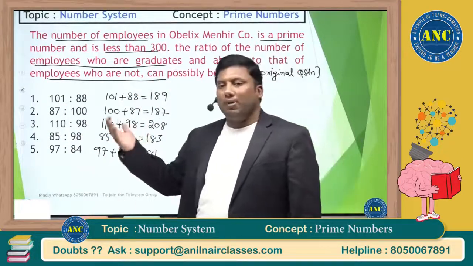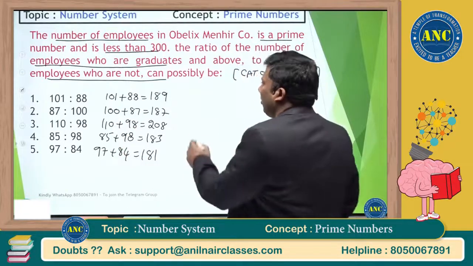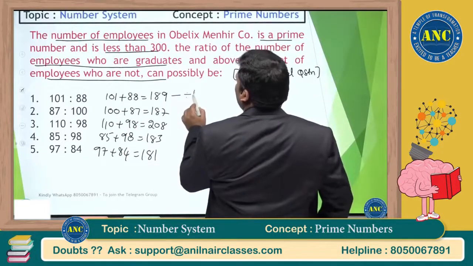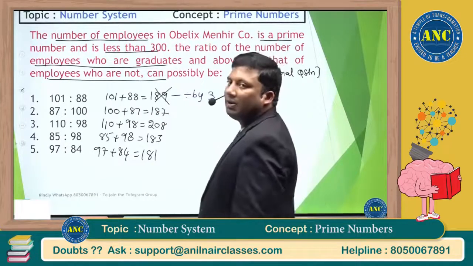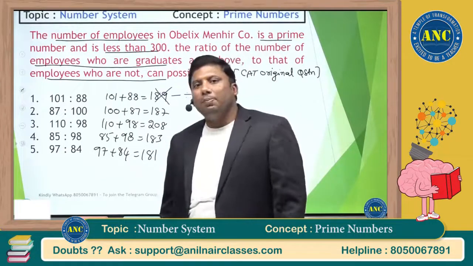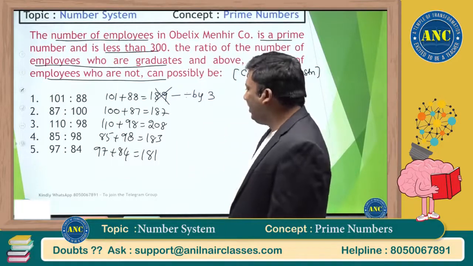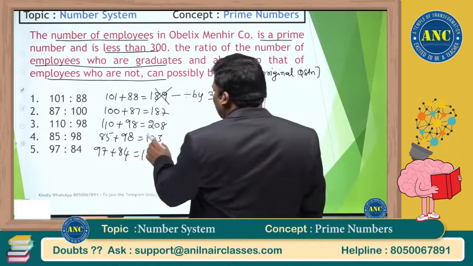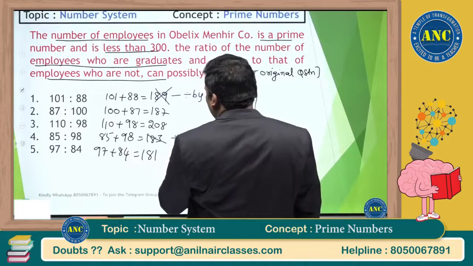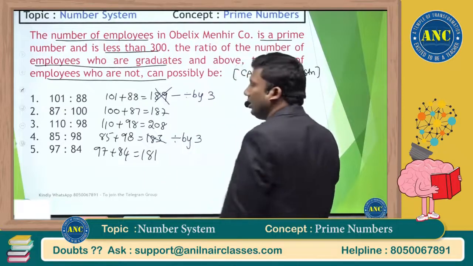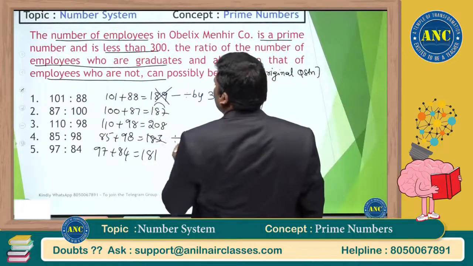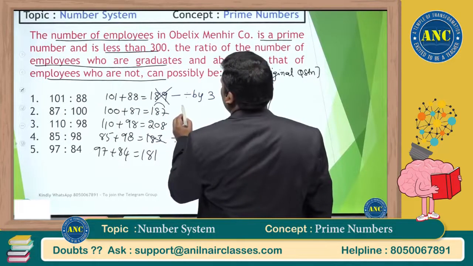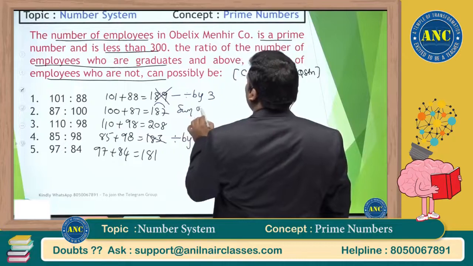The numbers could be the multiples of the given values. 189 is divisible by 3. Definitely it is a composite number. 9 plus 1 plus 8, 10 plus 8, 18. 18 is divisible by 3. 183 is also divisible by 3. 1 plus 8, 9, 9 plus 3, 12. 187: sum of the odd places is 8, even places also 8.